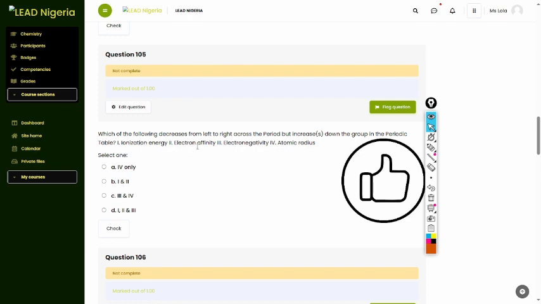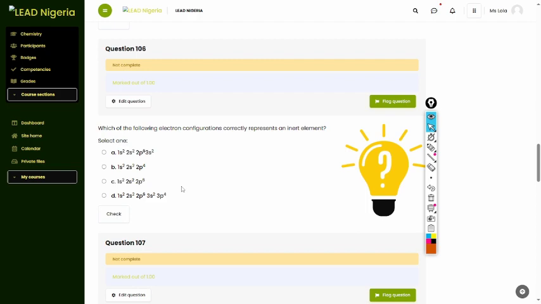Electron affinity increases across the period but decreases down the group. Electronegativity increases across the period and decreases down the group. Atomic radius decreases across the period but increases down the group. So the answer is 4 only.